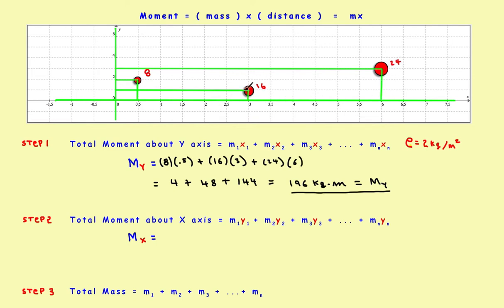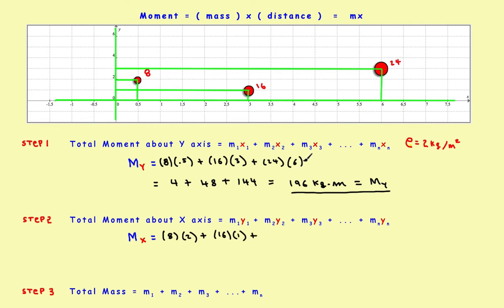So it looks like that. We'll put those down here. The mass of the first one will be 8 times this distance, which is 2, so I've got 8 times 2, plus this mass times this distance, which would be 16 times 1.